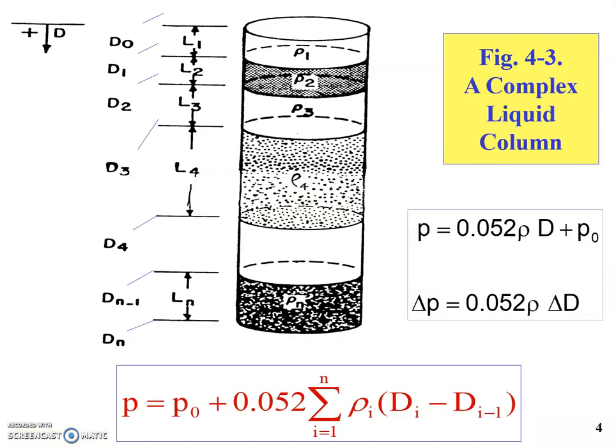So you remember that the equation for calculating the hydrostatic pressure at some specific depths is: pressure is equal to 0.052 multiplied by density multiplied by depths, right?